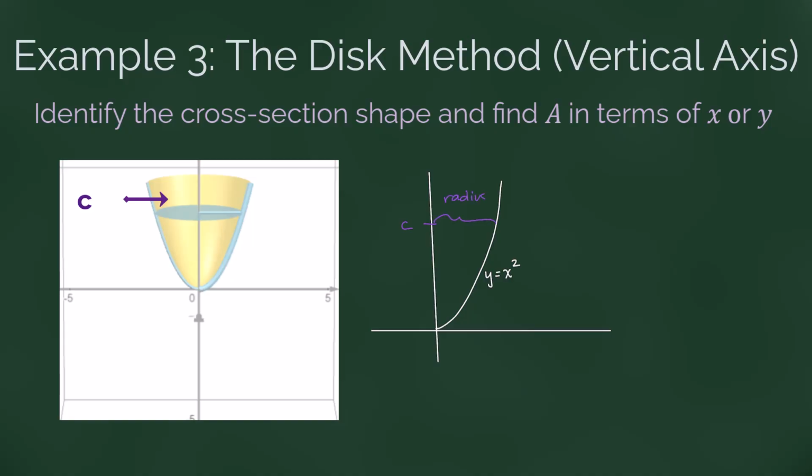We'll once again use our function in order to determine the value of our radius. We know here that c is equal to x squared. Solving that for x gives us that x is equal to the square root of c, which tells us that the radius at this particular point is going to be equal to the square root of our value c.